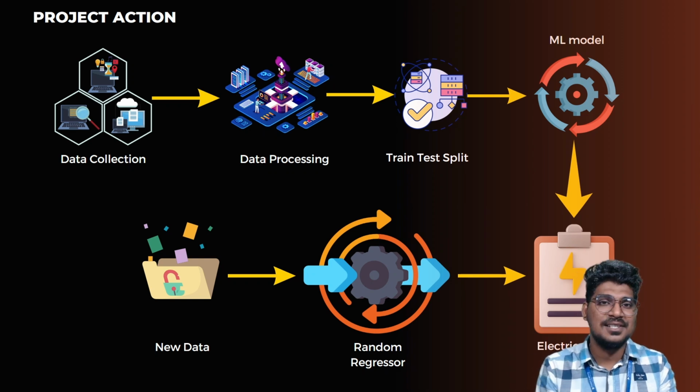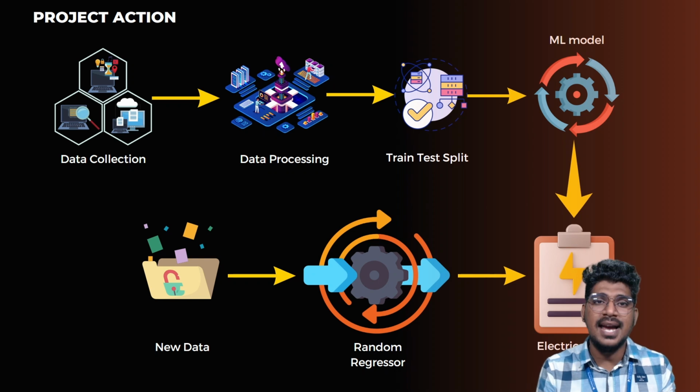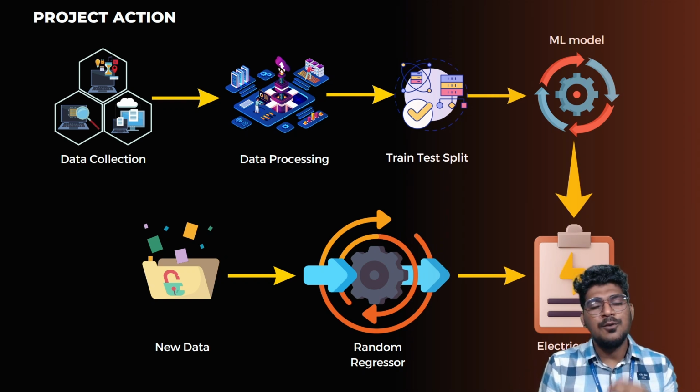Okay, so what next? Once you make the data proprietary, we are going to separate the data into x and also y. What is the meaning of x? The x variable stores the value of the independent data, that is features. And what about y? The y variable stores the outcome.